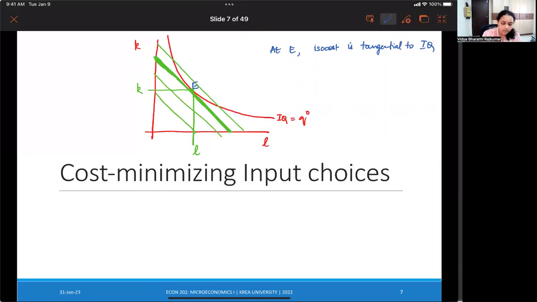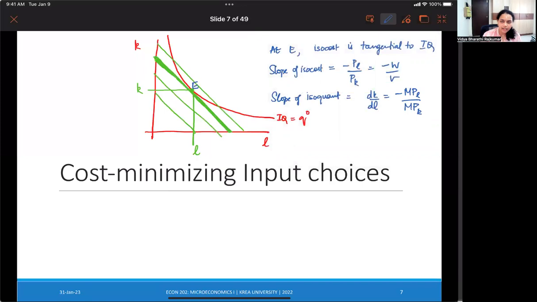Well, the slope of the isocost line is nothing but the negative of the price of labor over price of capital. And we know that the price of labor is W, the price of capital is V. We also know that the slope of the isoquant is just dK by dL, which is nothing but minus MPL over MPK.